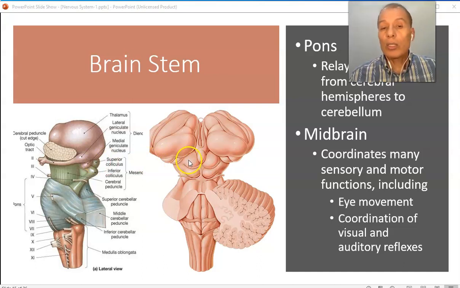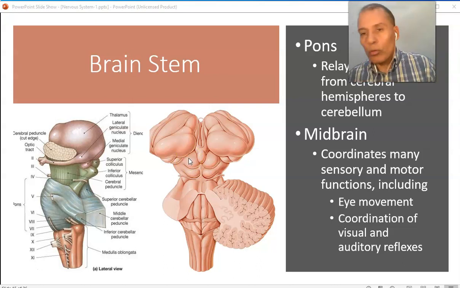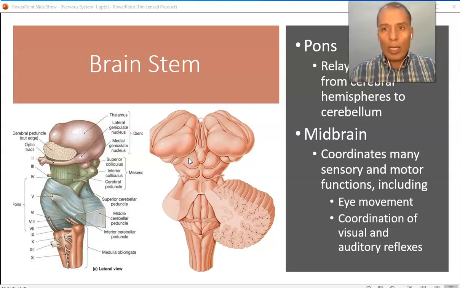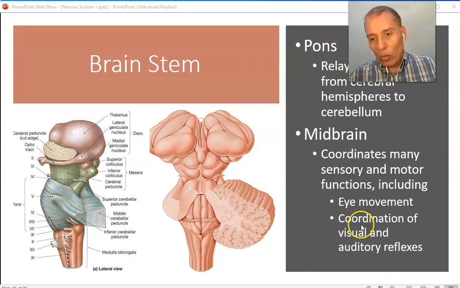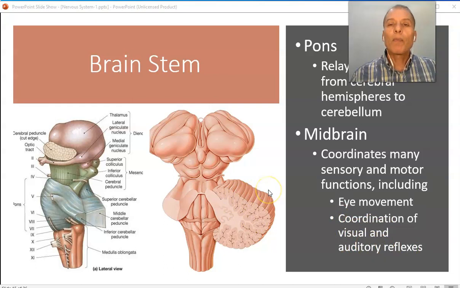So it regulates eye movement, and also when you hear a sound, all of a sudden you instinctively turn your body and look at it, and you fixate your eye gaze on the source of the sound. This is the structure that enables you to do that, the superior colliculus. And that reflex is called the visual auditory reflex.